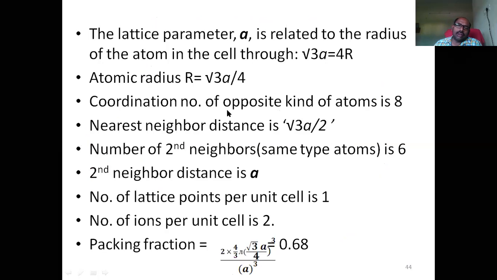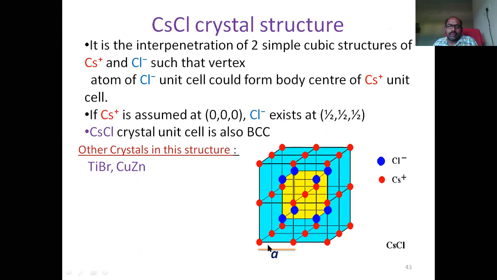The coordination number counts the opposite kind of atoms that are the nearest atoms, simply the nearest neighbors. Here to here the distance is a, and here to here the distance is root 2a, that is 1.4a.